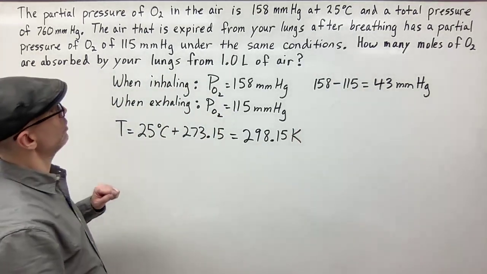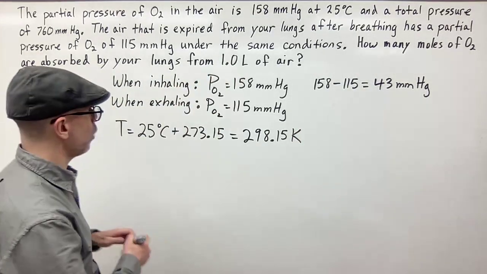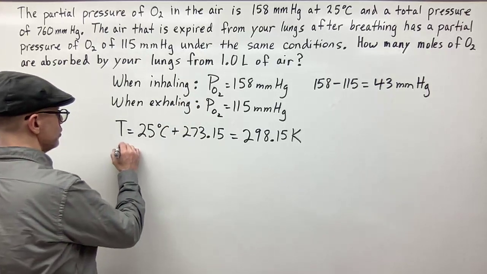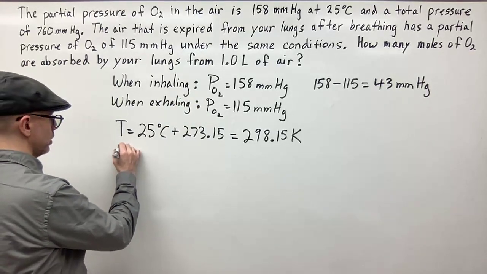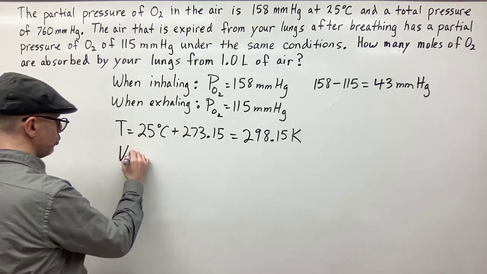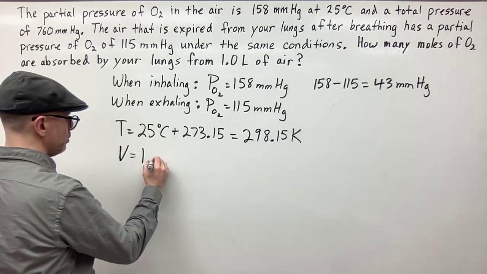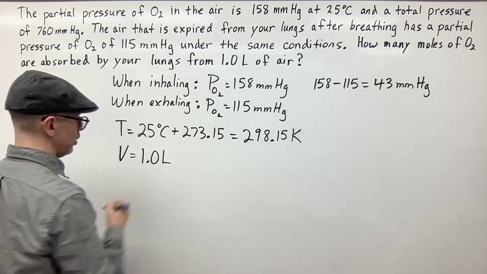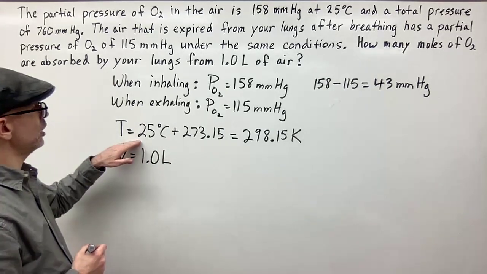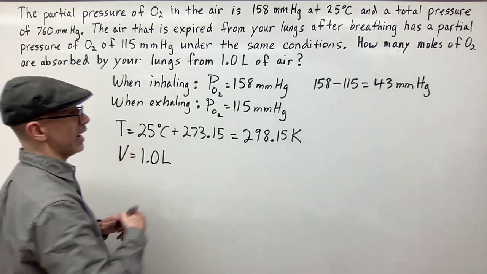Next, we're given a volume of 1.0 liters of air. So the volume is equal to 1.0 liters.